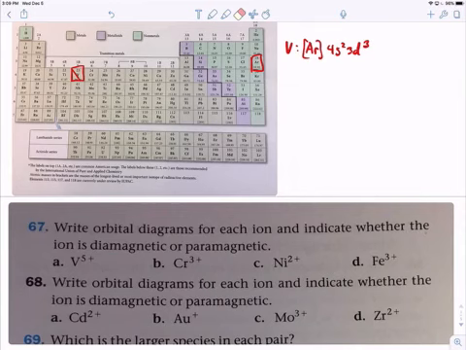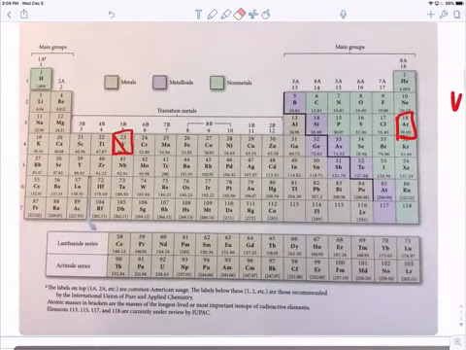Do you see where I'm getting that? So vanadium is right here. It gets the noble gas configuration of argon. This is 4s, 1s, 2s, 3s, 4s, 3d, 1, 2, 3. Okay, so that's the vanadium atom.